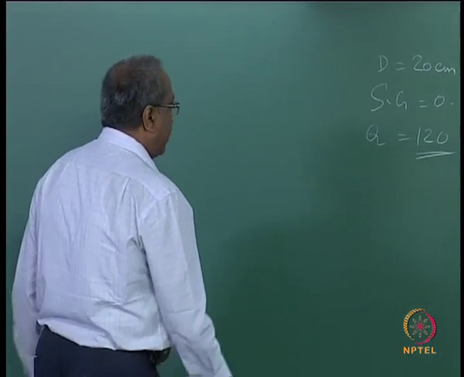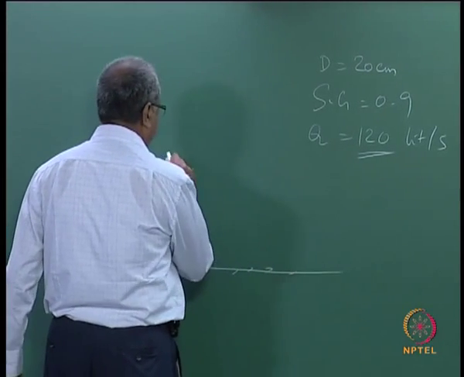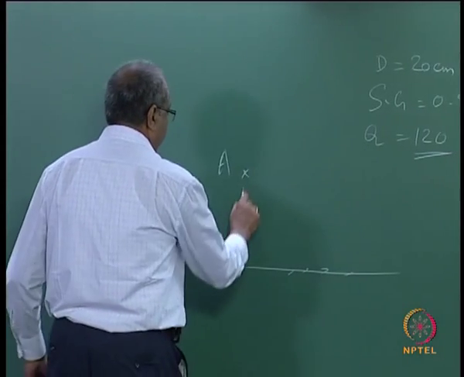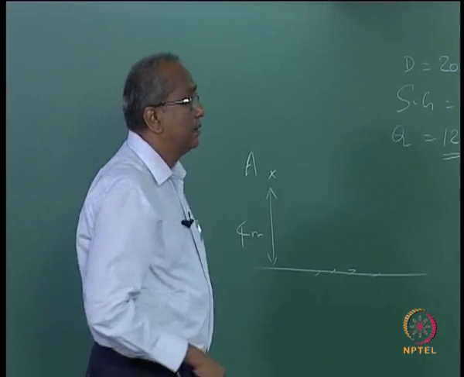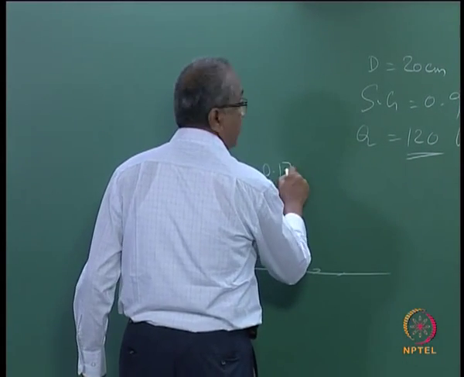At any point A, which is 4 meters above the datum line, the gauge pressure is given as.